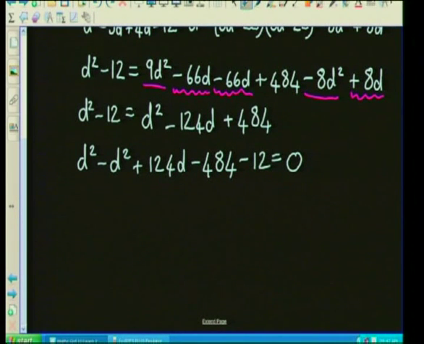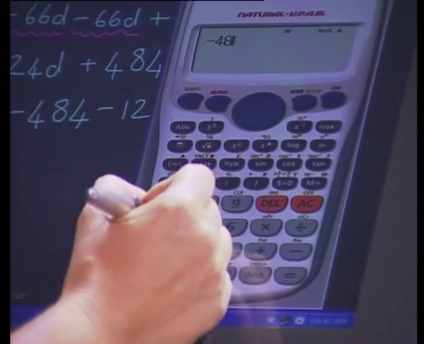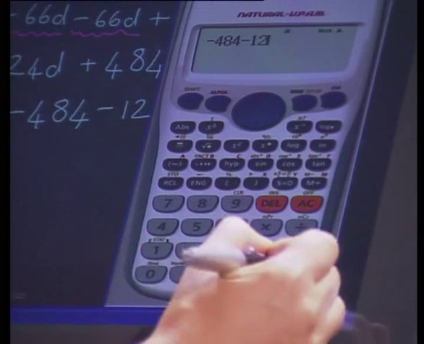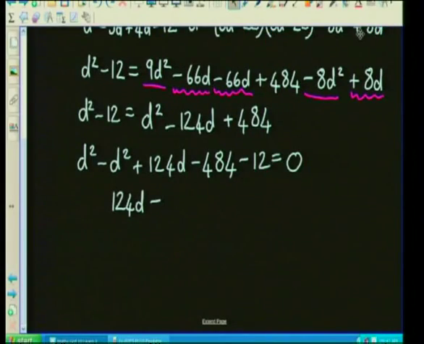Okay, d squared minus d squared gives us nothing. So now we're left with 124d, and let's use the calculator, 484 minus 484 minus 12 gives us minus 496.